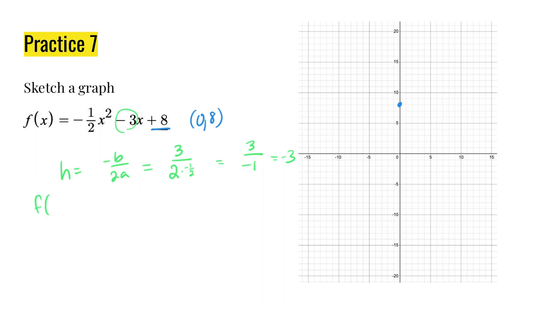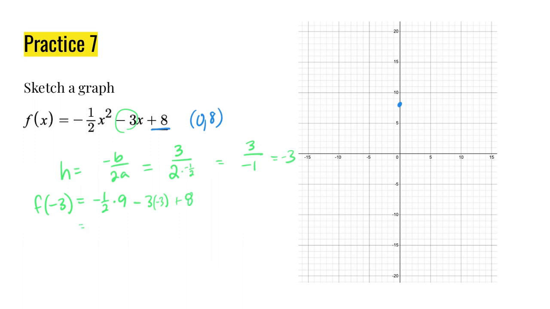I can go ahead and plug that in to figure out exactly what the k value of my vertex is. So negative 1/2 times negative 3 squared is 9, minus 3 times negative 3, plus 8.